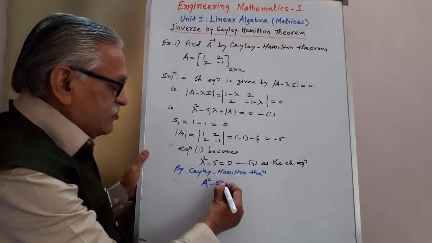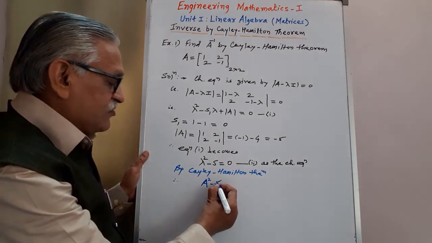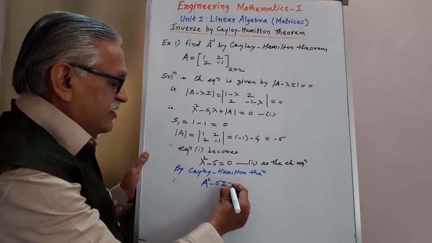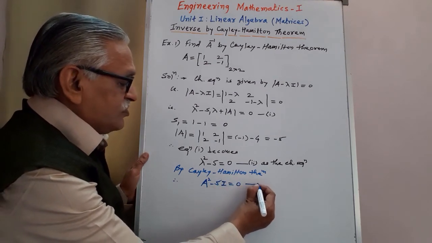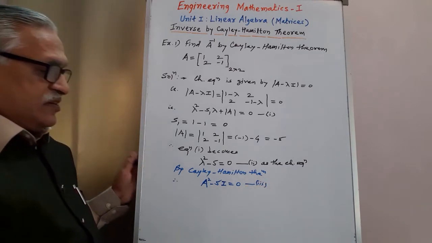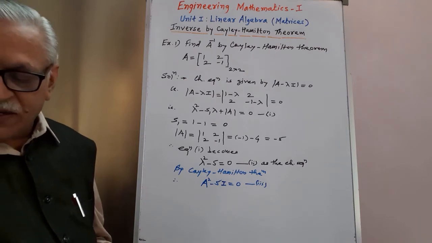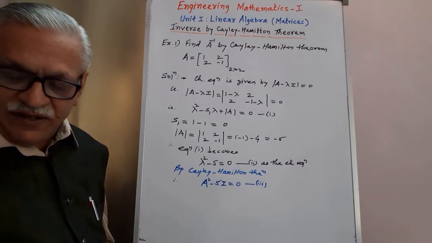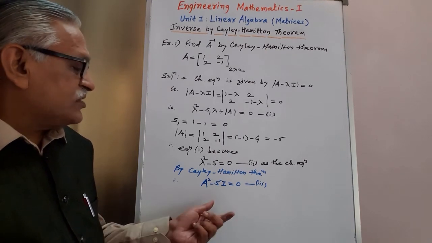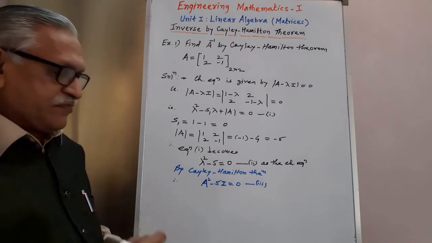5 we have to convert into a matrix, and for that we multiply it by the identity matrix, and therefore A square minus 5I equals 0. We call this equation 3. This equation is obtained by applying the Cayley-Hamilton theorem. Then to find A inverse, we have to multiply by A inverse, and that is a pre-multiplication.